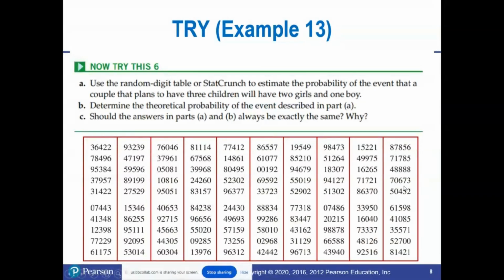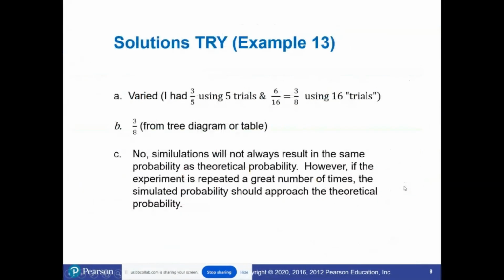I just went through however many. When I did it, I ended up with 3/5 when I just used 5 trials, but then when I went through 16 digits, I ended up with 6/16, which gives me 3/8. So it'll just depend on what number you decide to start with, and then just record from there.